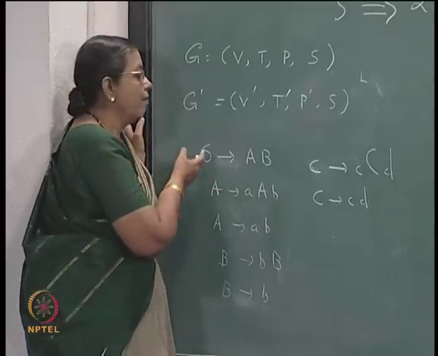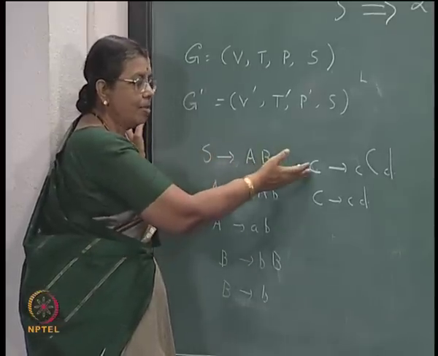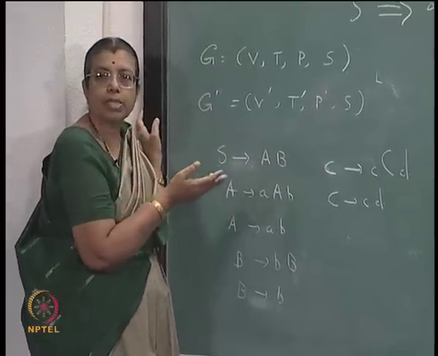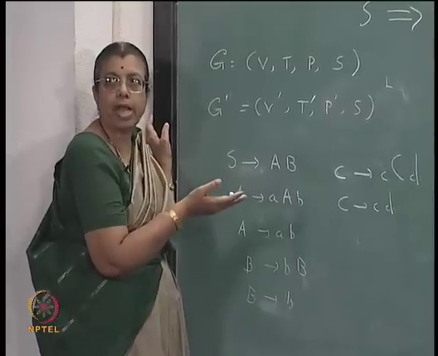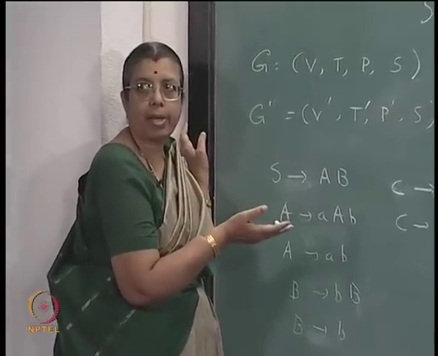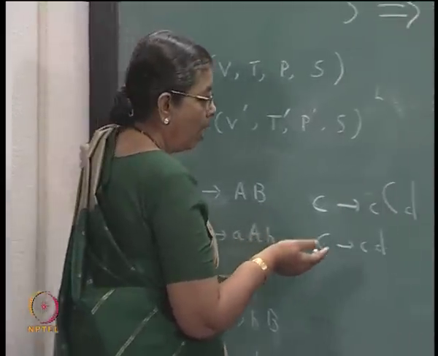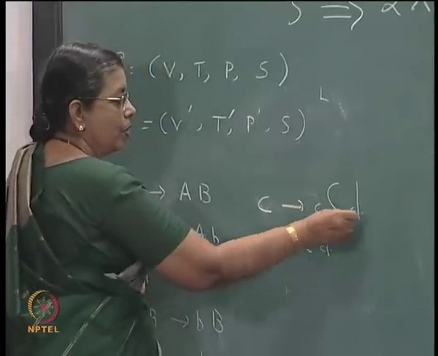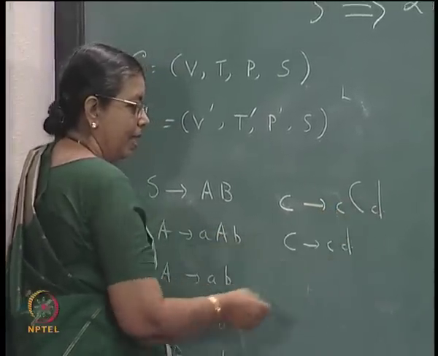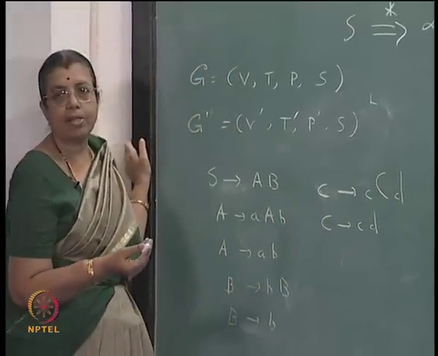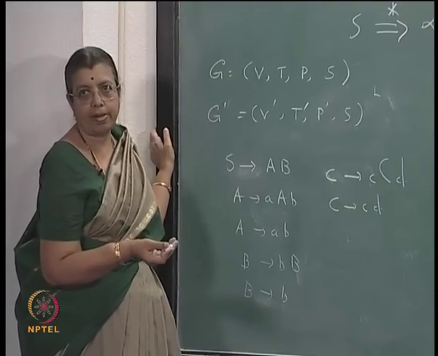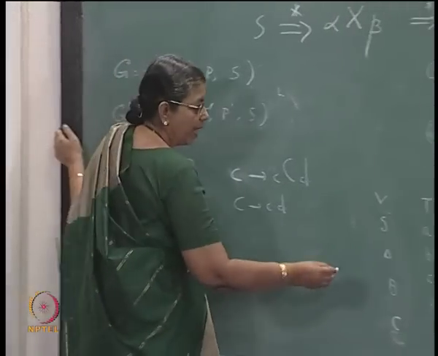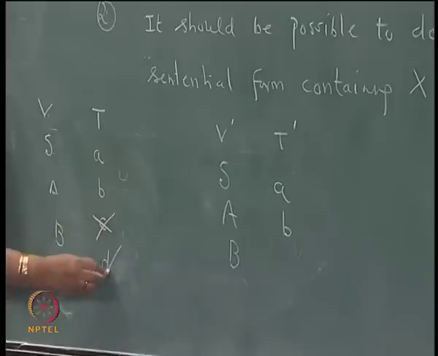So, here from the start symbol it is not possible to reach C. So, C is not going to contribute anything to the language generated by the grammar, and the rules involving small symbols c and d, terminal symbols, are also not going to be in the language generated. So, C and D are useless, C is a useless non-terminal.